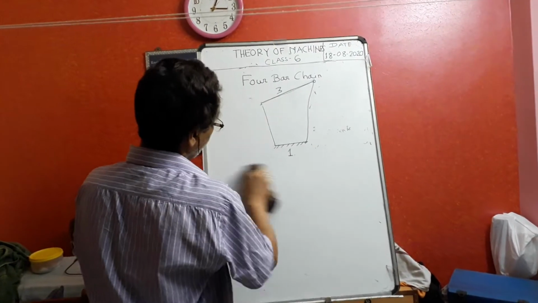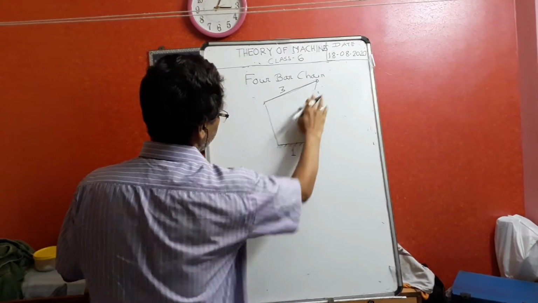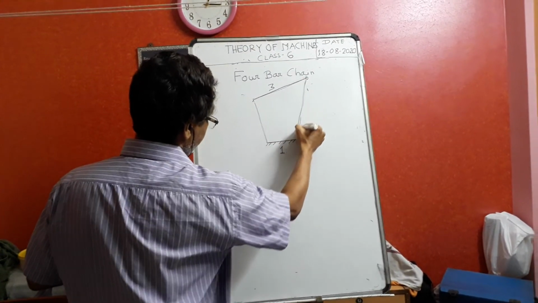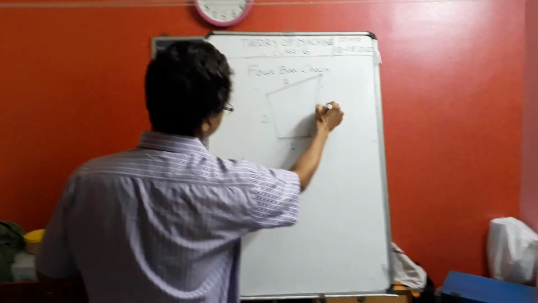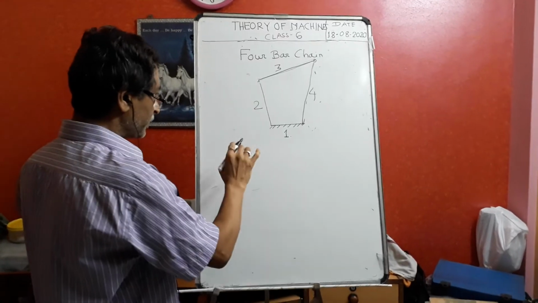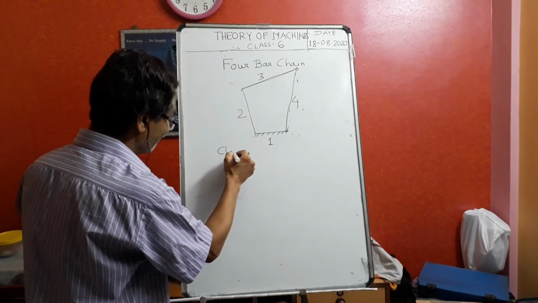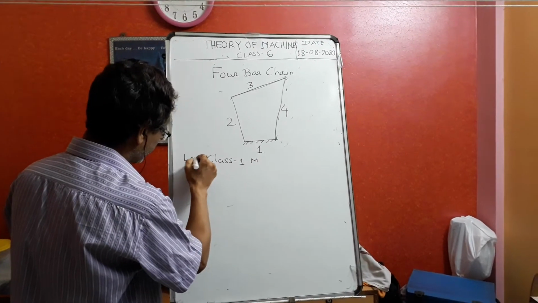This is the 4-bar chain. This is link number 1, this is link number 2, link 3, and this is link number 4. Suppose this is a class 1 mechanism.